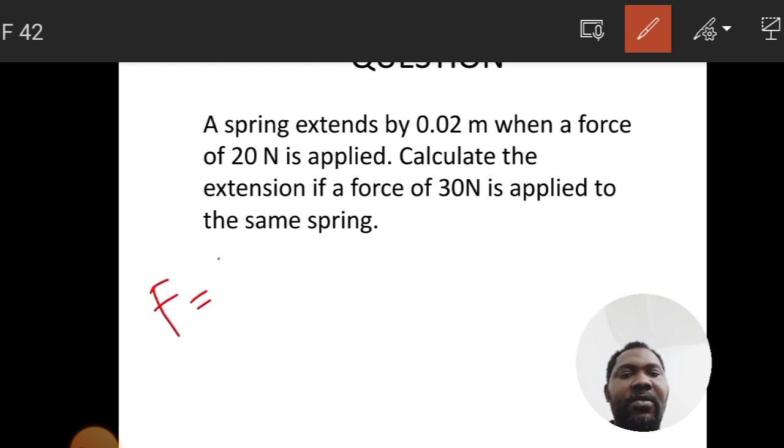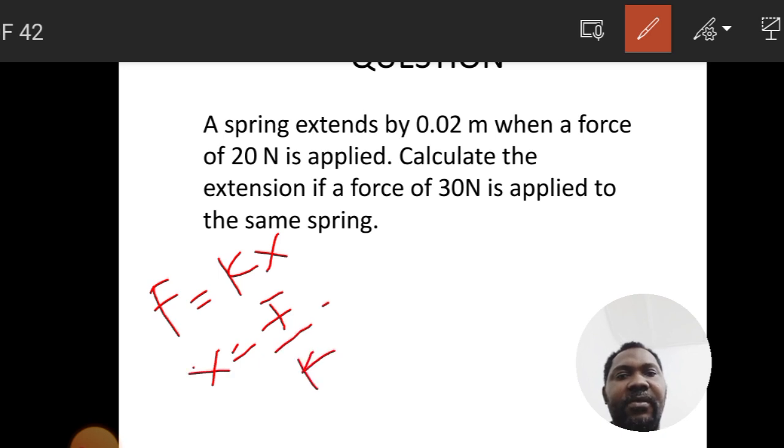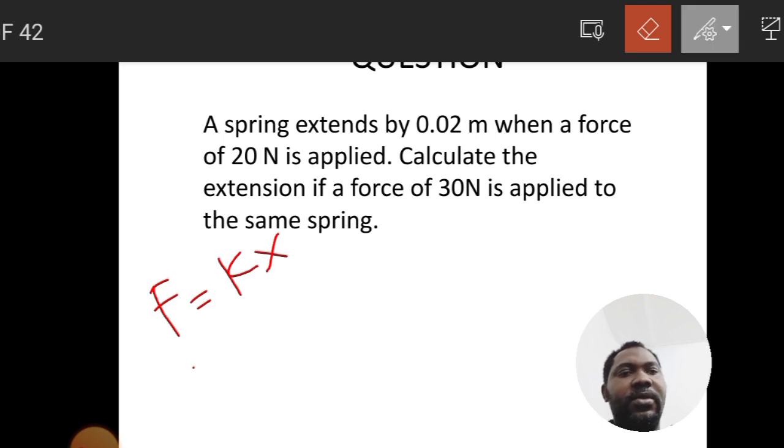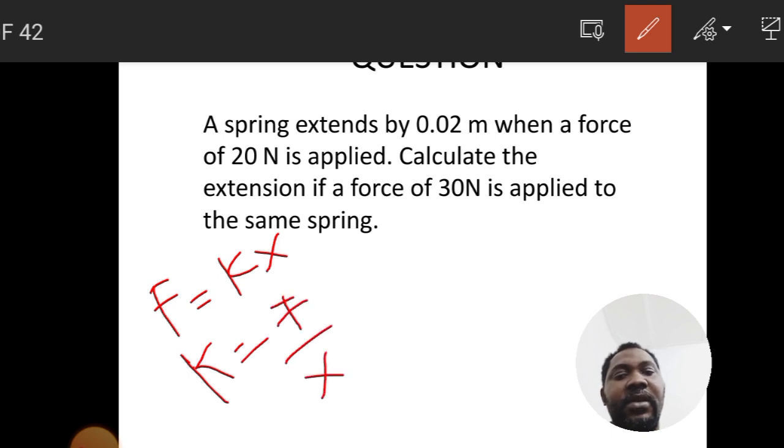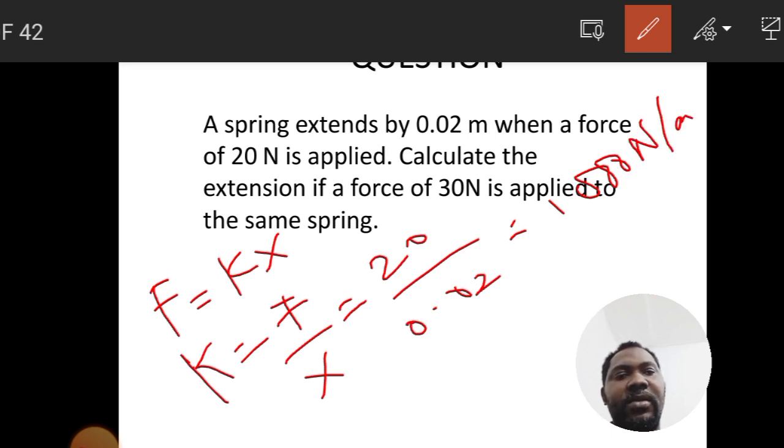We know that F equals kx, so our spring constant is F over x. Our F is 20 and our x is 0.02, and that gives us 1000. So the spring constant is 1000 newtons per meter.